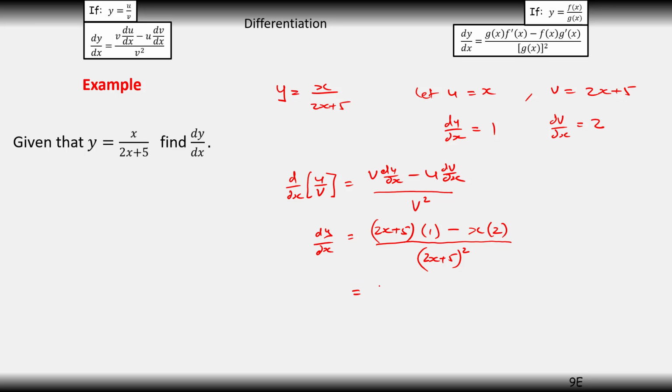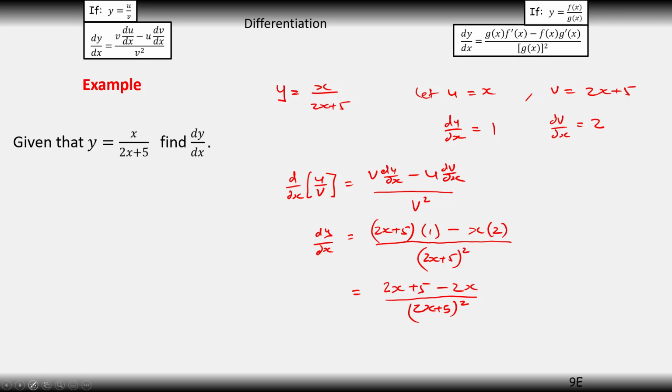So that's equal to, we expand out, then we simplify, 2x plus 5 times 1 minus 2x, all divided by 2x plus 5 squared.